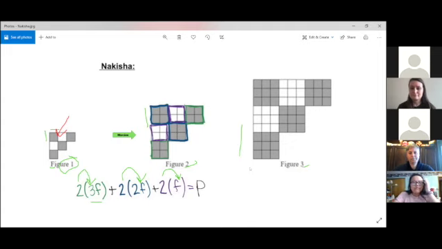Because then all you have to do is put the figure number for whatever size rug you want into the equation where F is. So say Alonzo wants a rug that is for figure 20, then you just plug in 20 here. And it would be 3 times 20, which is 60. And then you multiply that times 2, and that's 120.